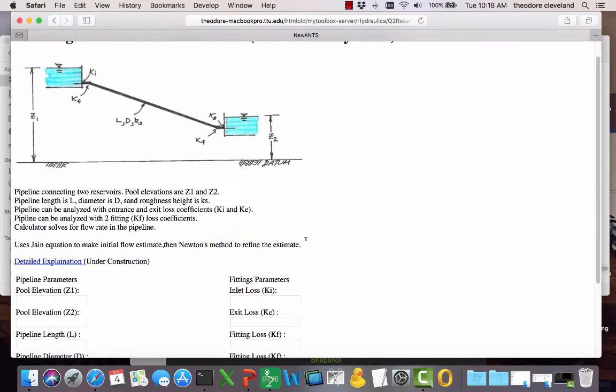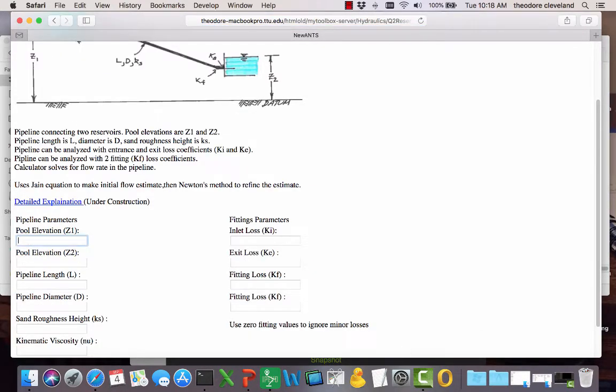Flow between two reservoirs. Okay, so our pool elevations, one's 120. We'll set these internal losses to 0 for the time being. Pipeline length is 10560. Pipeline diameter was 2 feet. Sand roughness height 0.00083, we just looked it up.